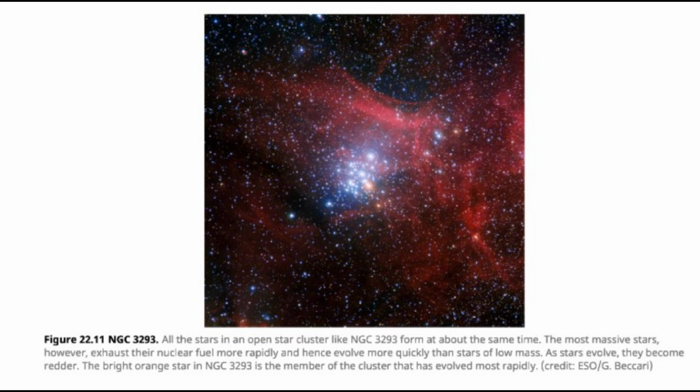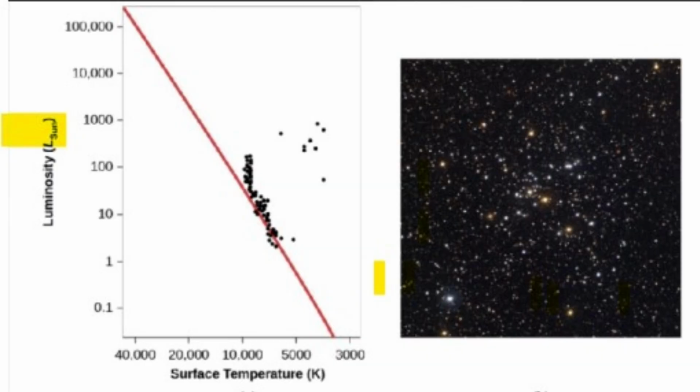Then you can see, using the star clusters, two charts here. Basically, cluster M41 is older than NGC 2264 and contains several red giants.